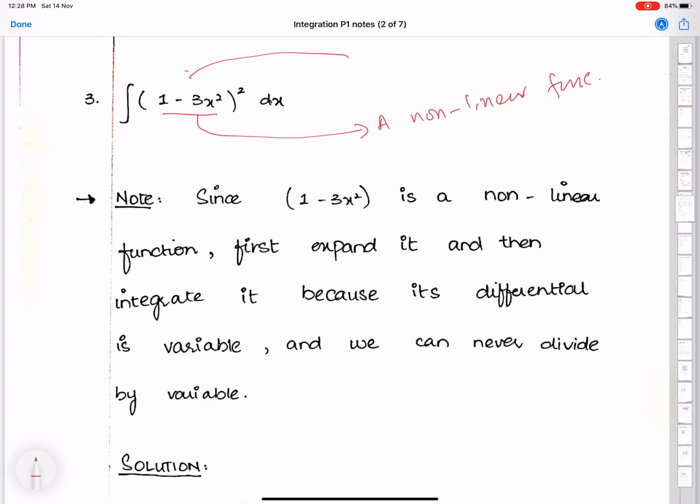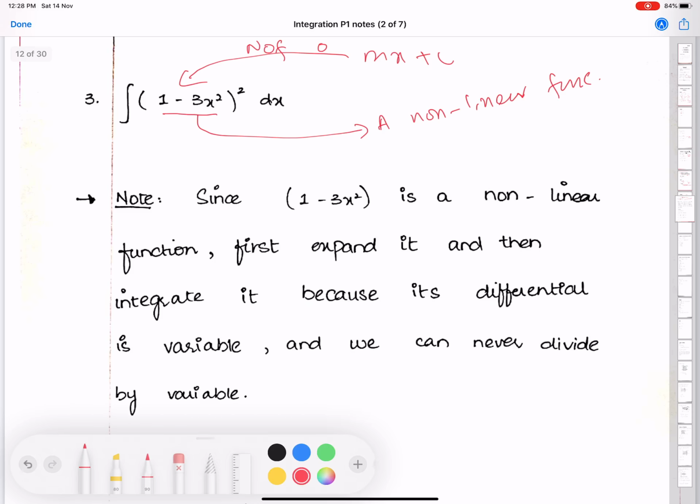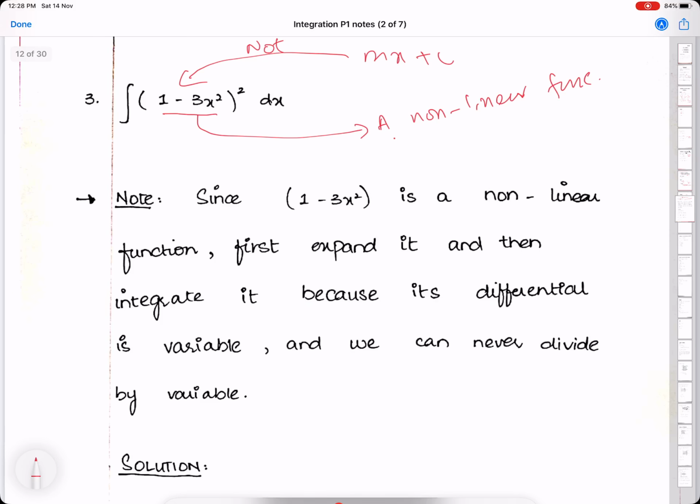Since this function is not of this type, we cannot use the formula of the integration of the linear function over here.